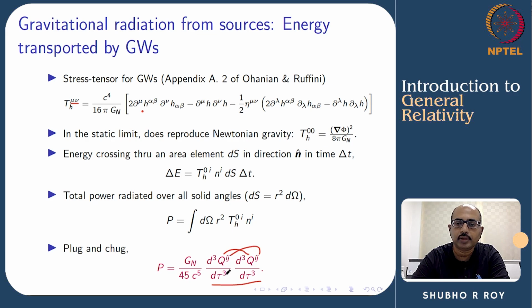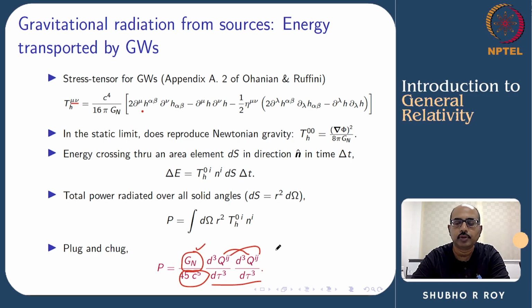And this tau is the famous retarded time. And then there's some numerical factor, which is there for dimensional reasons. And of course, because this is the leading order, we get a contribution from G Newton. T will contain one factor of inverse G Newton, and two factors of H will give you two factors of G Newton in the numerator. So upon cancellation, you're left with one factor of G Newton.